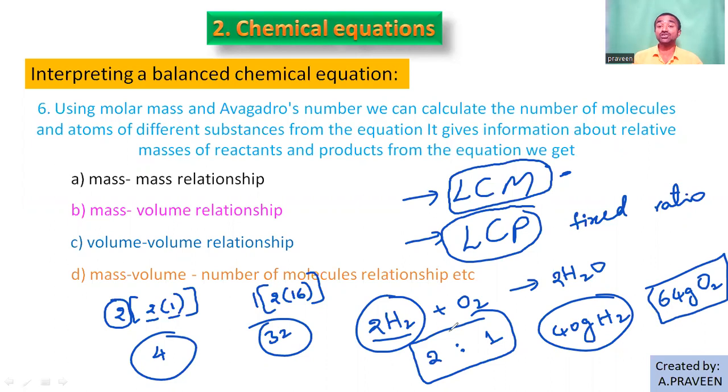But the ratio is always fixed. What ratio? 2:1. 2 parts of hydrogen, that is 4 grams, and 1 part of oxygen, that is 32 grams.